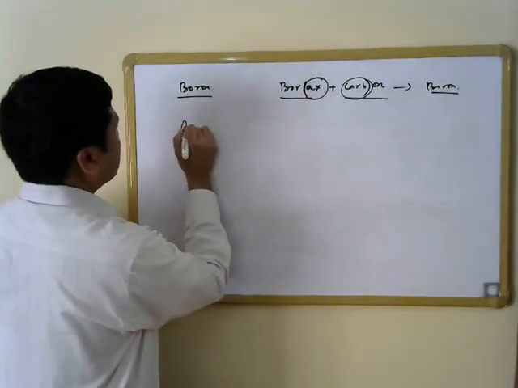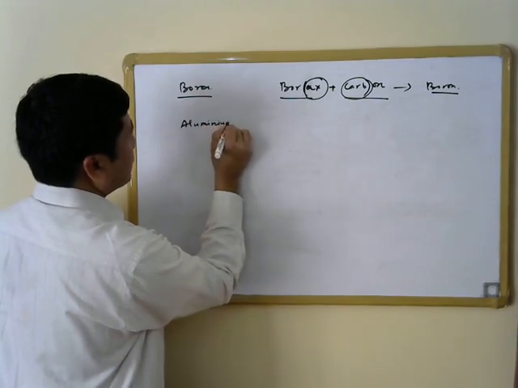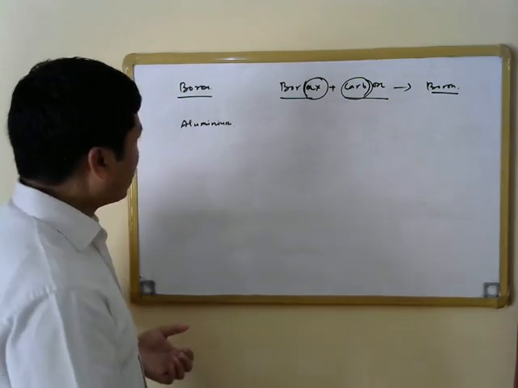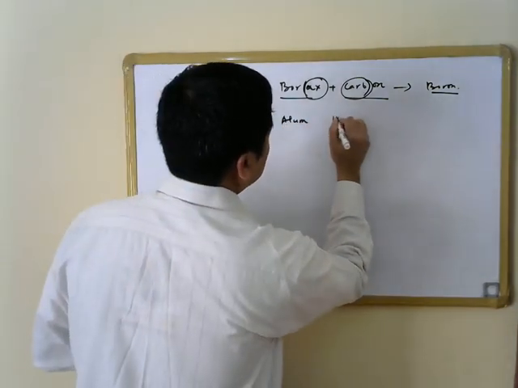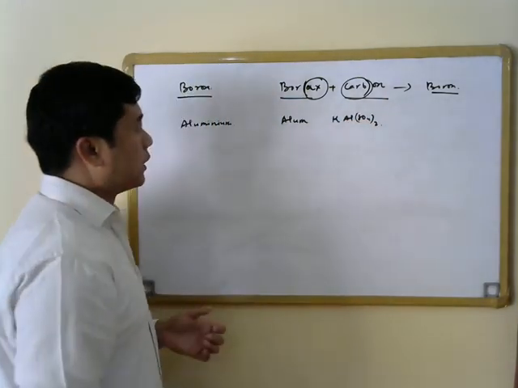Now aluminium has derived its name from the double salt alum, that is KAl(SO4)2.